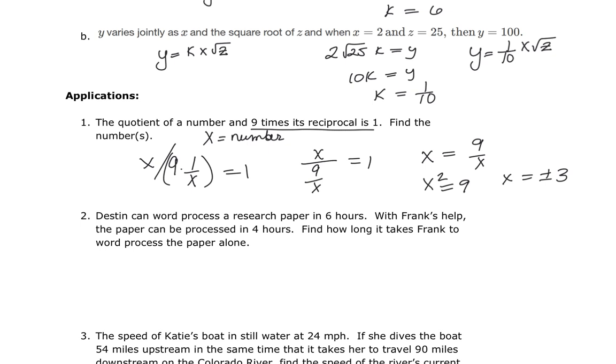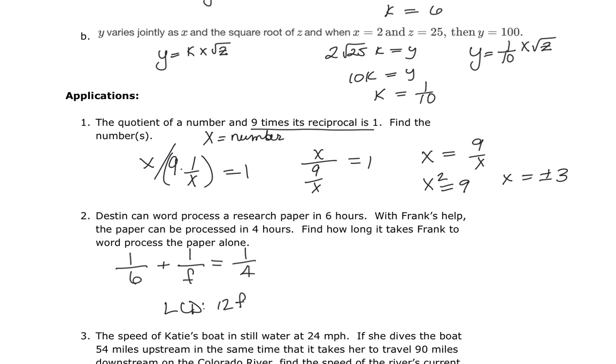So for this, I know it's going to take Destin 6 hours to write one paper. Frank alone could do one paper in F hours, but combined they can write one paper in 4 hours. So my LCD here is going to be 12F, because 12 is the lowest common multiple of 4 and 6.